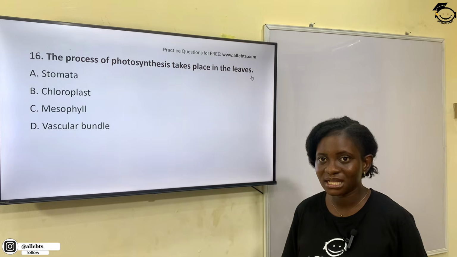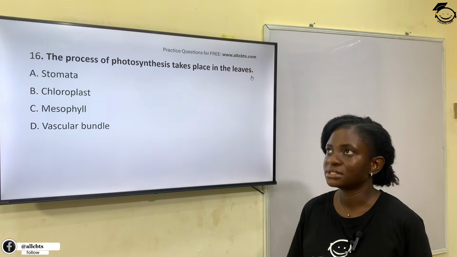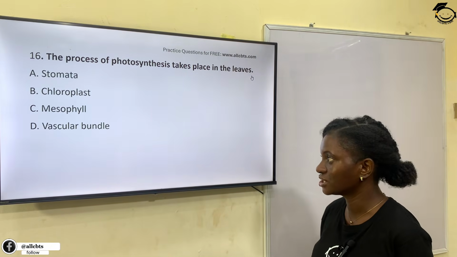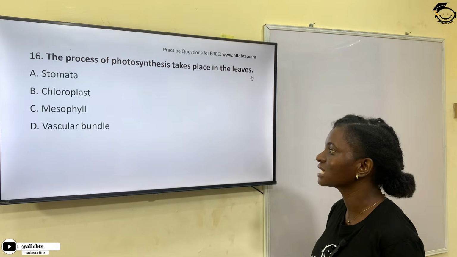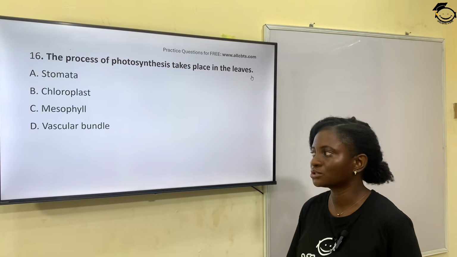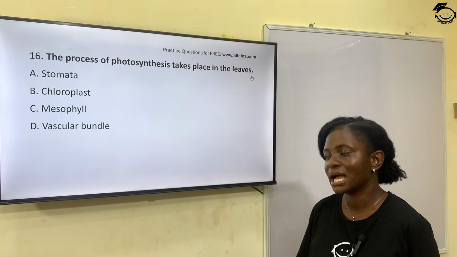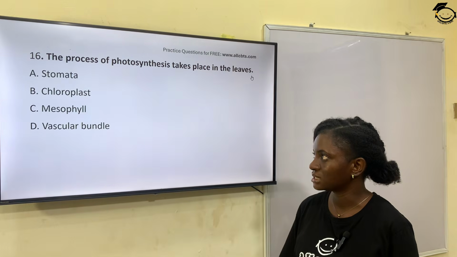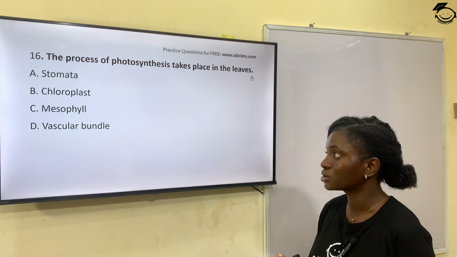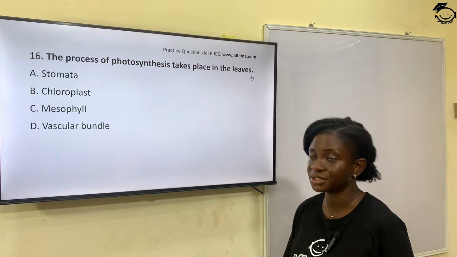It is not stomata because stomata is involved in gas exchange, while mesophyll is part of the chloroplast. The vascular bundle has to do with the xylem and the phloem, that's transporting water and food in plants. So the correct answer is chloroplast, option B.